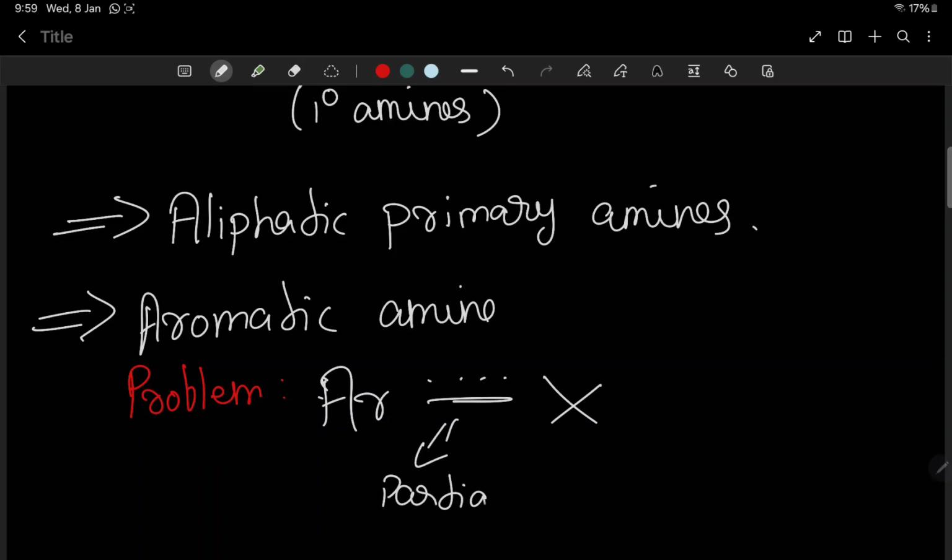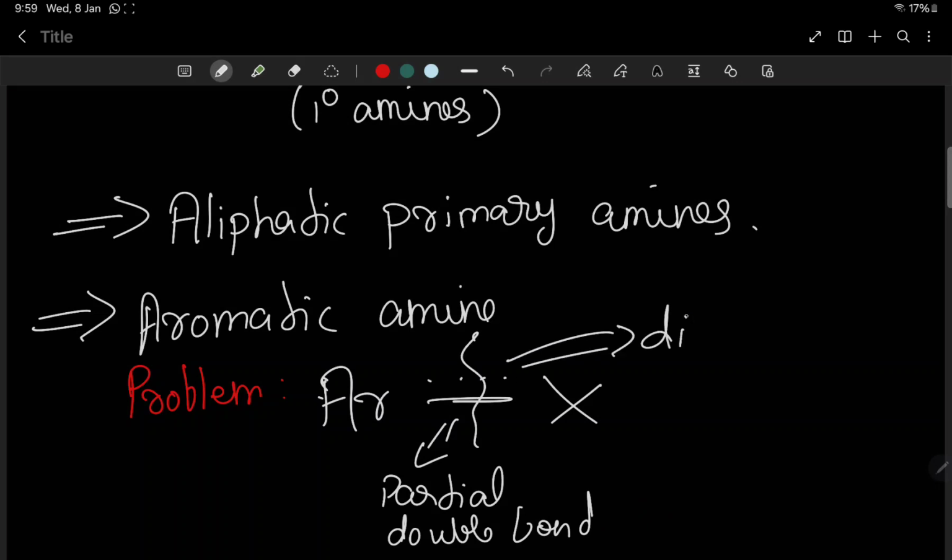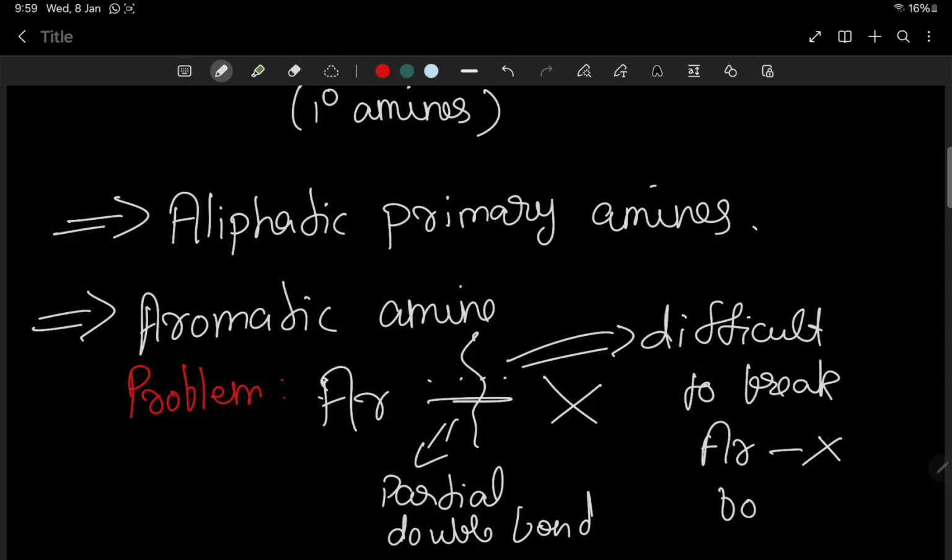Partial double bond character. Due to this partial double bond character, it is difficult to break the Ar-X bond.